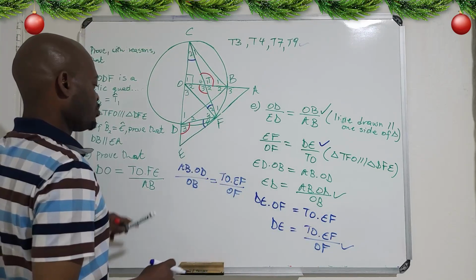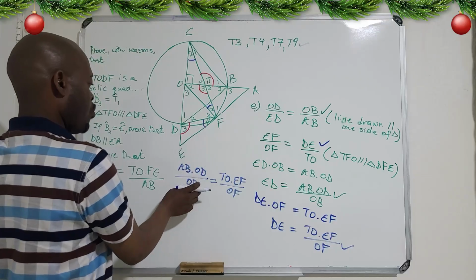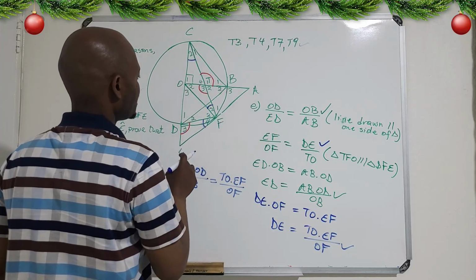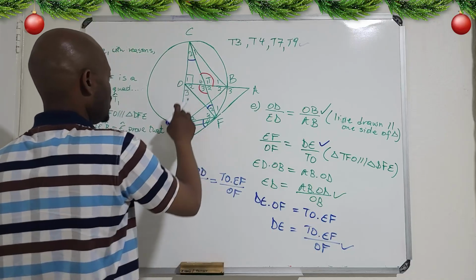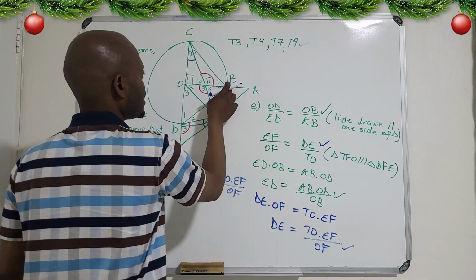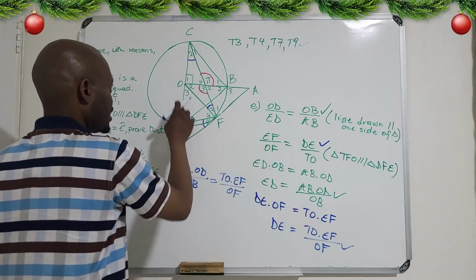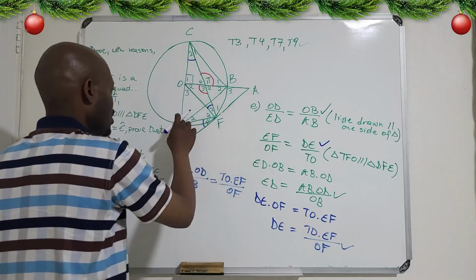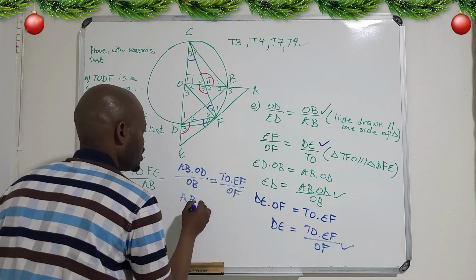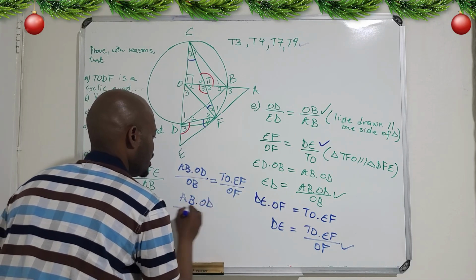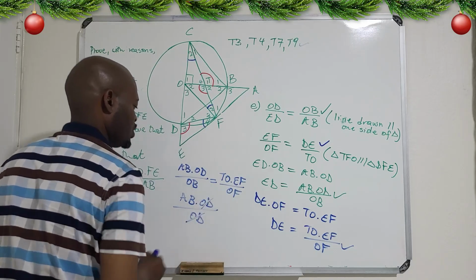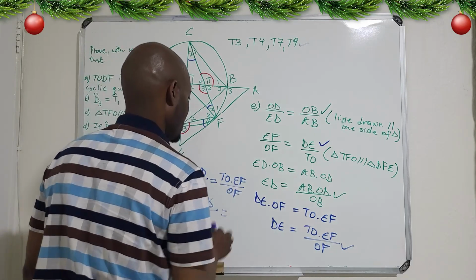Now, we can put OD here. OB is the same as OD, so I can put OD here. It's a radius, OB equals OD. Therefore, AB times OD over OD, this OD will cancel that one there.